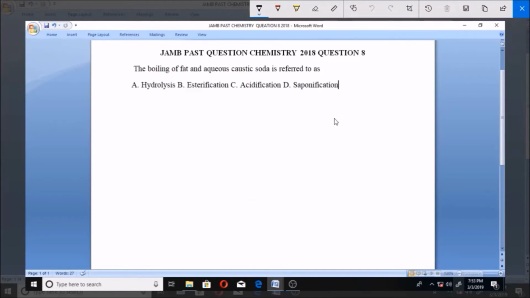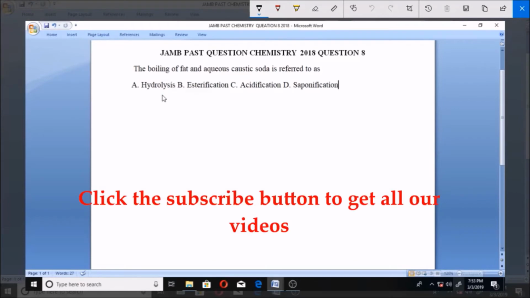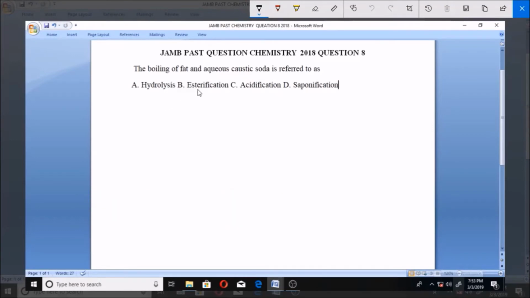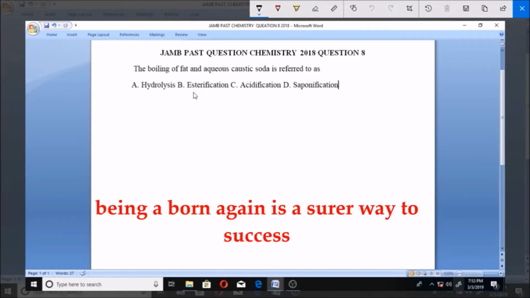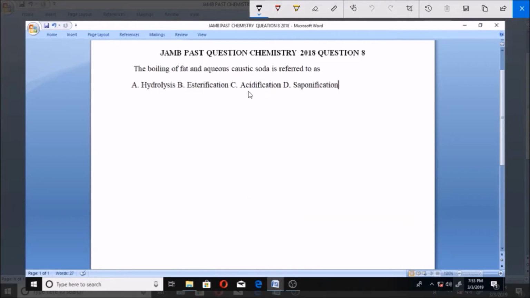Now, if you look at these options, we know the meaning of hydrolysis, which is when you want to get something with water. Esterification, the reaction of ethanol with acid to form esters. Acidification, getting something with an acid.